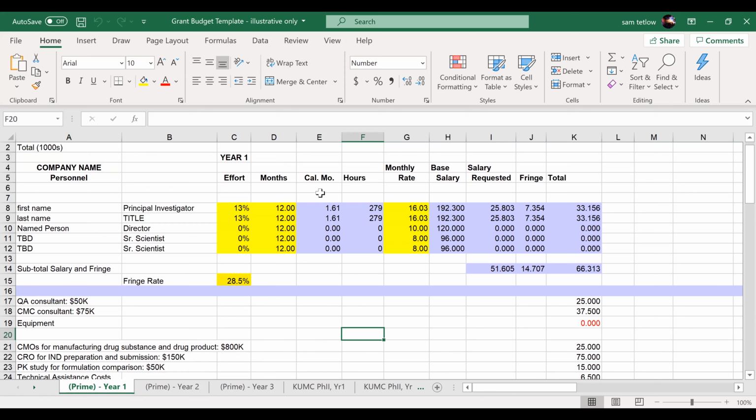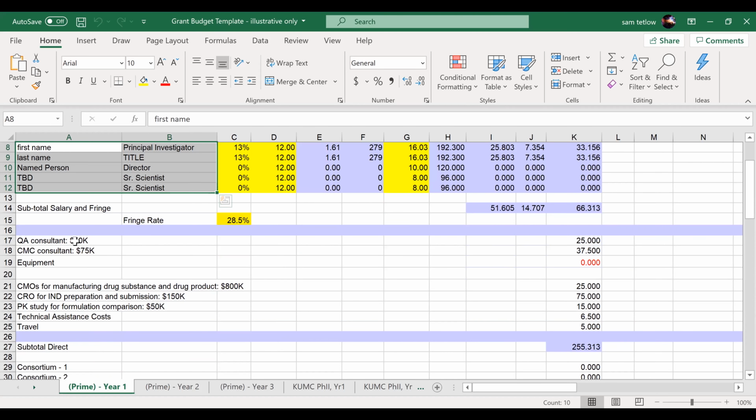What are we looking at within each tab of the company's budget? Just to make clear, these two, KUMC year 1 and year 2 and 3, feed into the company's budget. In this company budget, we've got a couple of sections. First section, direct cost of personnel.